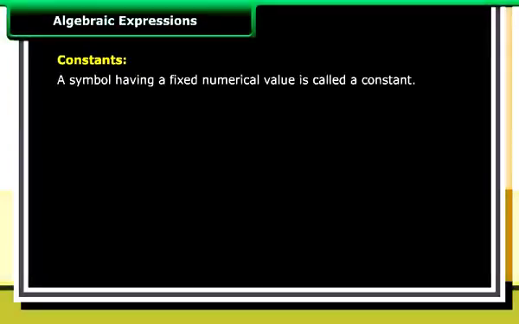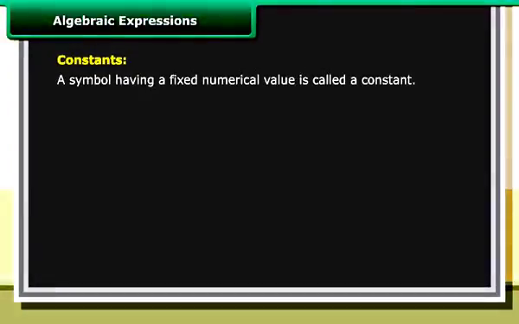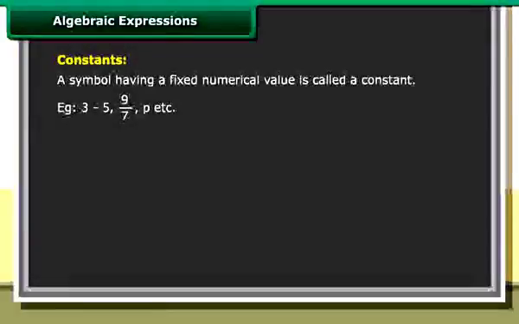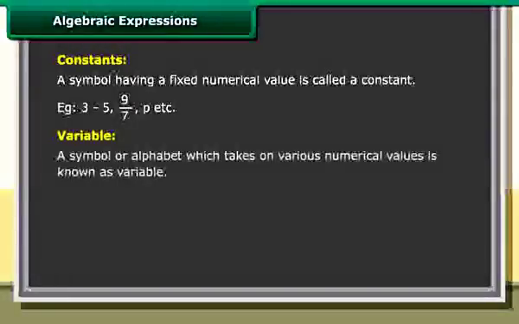Algebraic expressions, constants. A symbol having a fixed numerical value is called a constant. Example, 3, minus 5, 9 upon 7, p, etc. Variable. A symbol or alphabet which takes on various numerical values is known as variable.